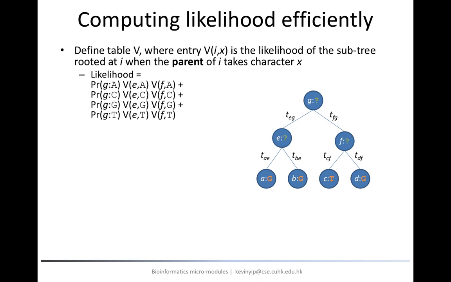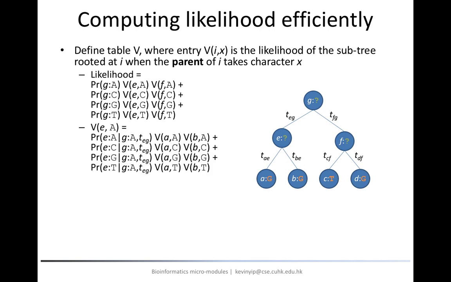This formula involves 8 DP entries, V_E,A, V_E,C, etc. Each of these entries can be computed by considering further subproblems. For example, V_E,A, which is the likelihood of the left subtree when node G takes nucleotide A, can be computed by considering all possible nucleotides at node E multiplied by the corresponding likelihoods of its own left and right subtrees.